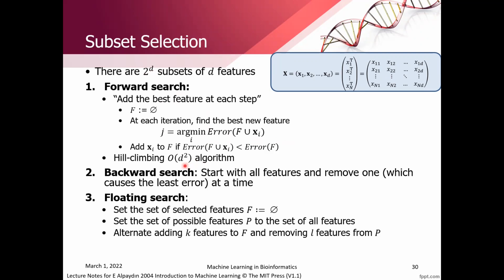Why is the complexity D square? Actually, D square is the number of iterations, the number of evaluations of the error. The complexity is much higher. It depends also, of course, on the number of our observations, capital N. But why O of D square?